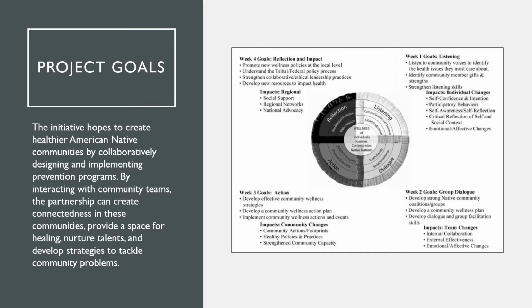So the image you'll see in the center is a medicine wheel, and essentially the entire fellowship program and curriculum were based off of the medicine wheel. Now, according to articles that I've read about this initiative, the Healthy Native Communities Partnership recognizes that each American Native community is vastly different.